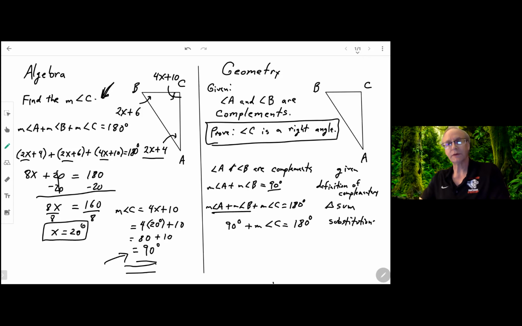Now I'm actually going to use the subtraction property of equality. I'm solving an equation by subtracting 90 from both sides. And that is the subtraction property of equality.